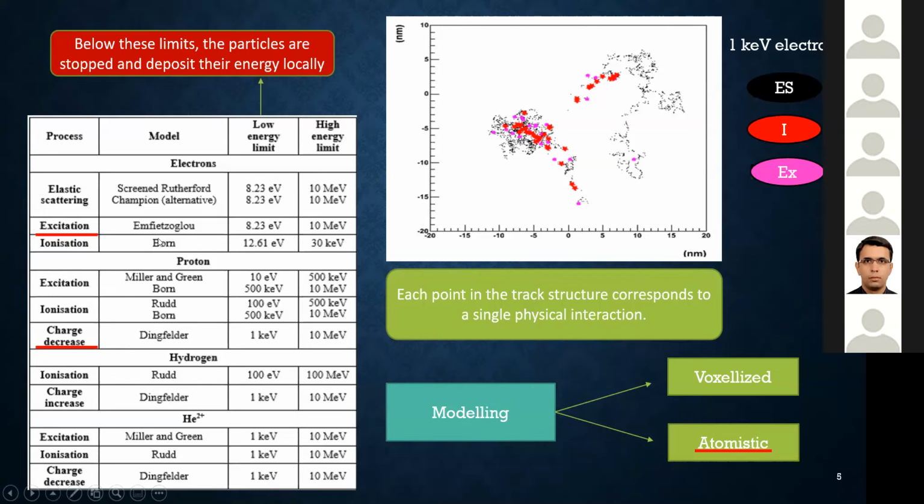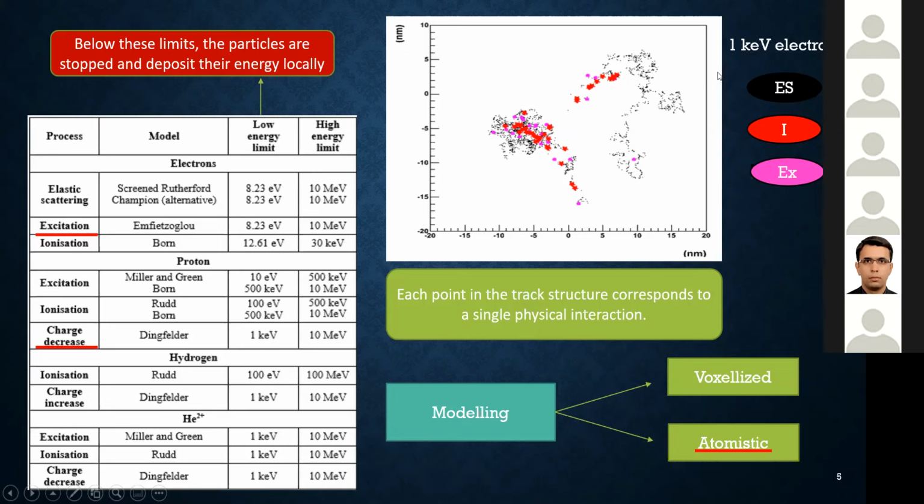Excitation and charge decrease, for example, were completely new, specifically for Geant4-DNA. And over here we can see an example of this step-by-step tracking.